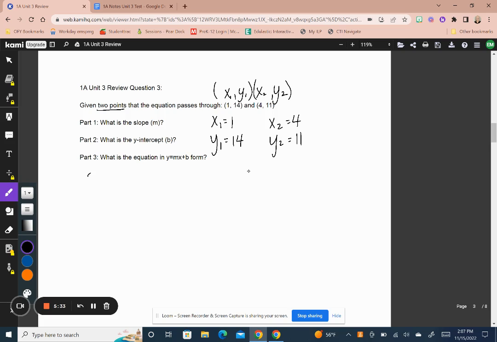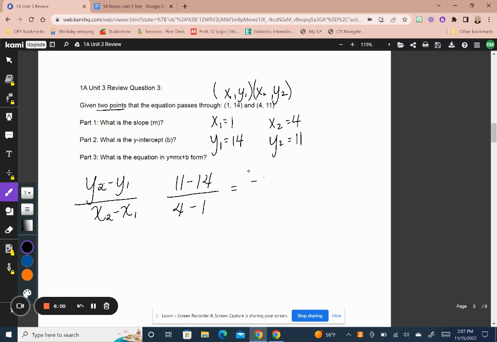So I'm going to put in y2 minus y1 over x2 minus x1. Okay, so y2 minus y1 is 11 minus 14 over 4 minus 1.